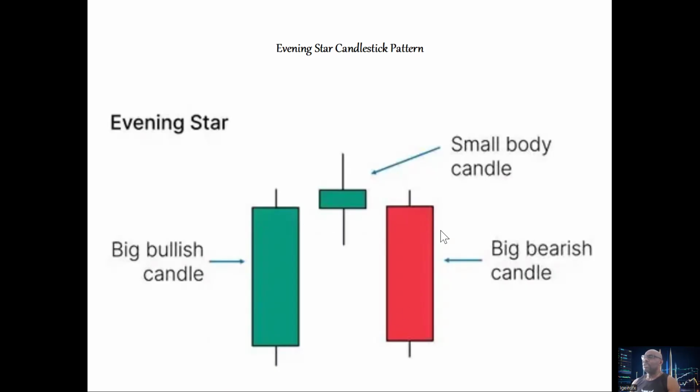Once this formation happens at a resistance level, just know that the trend is turning to become bearish. So at that point, change your bias and start to sell. All right? So it's like that. You know the story behind it by now. This is the body, this is the high, this is the low, the wick, and like that.